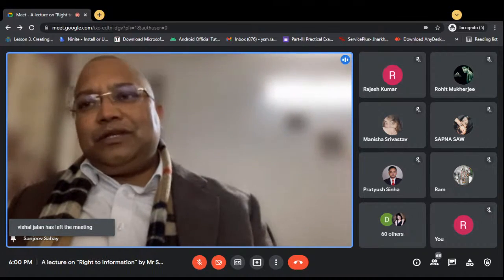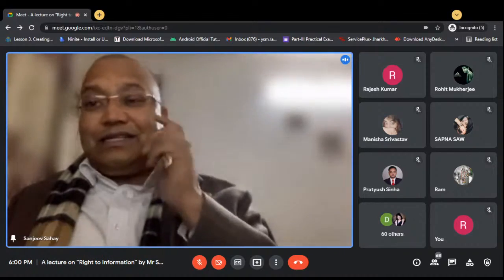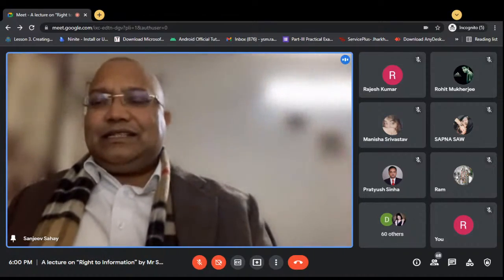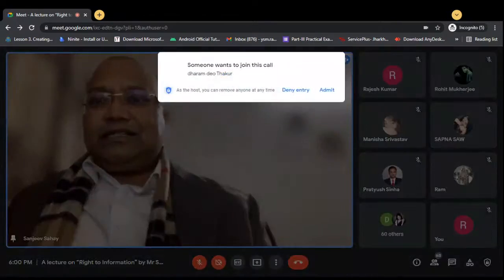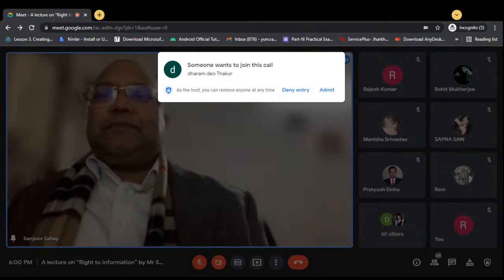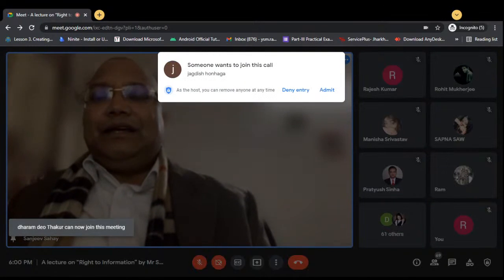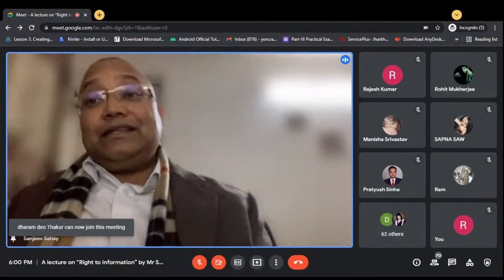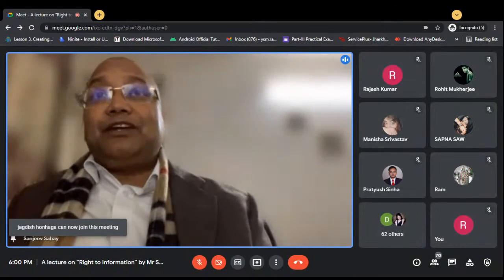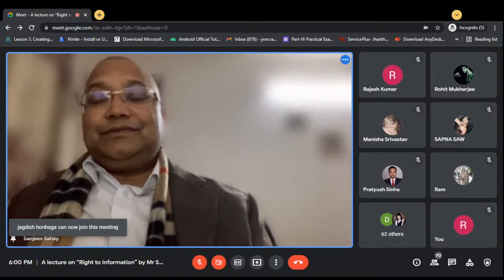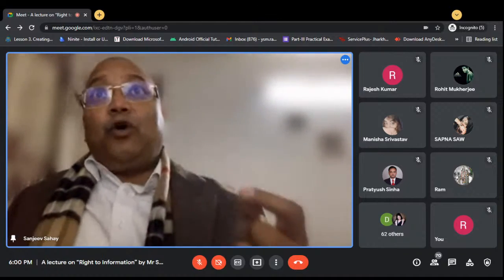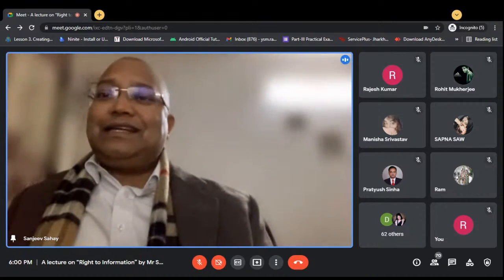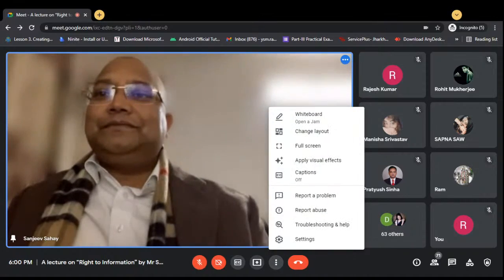This led to the case where BCCI rejected it, the CPIO rejected it, saying BCCI is a private authority. But finally, the Delhi High Court said no, it is discharging a public function, and enlarging the scope of public authority, said BCCI is a public authority.